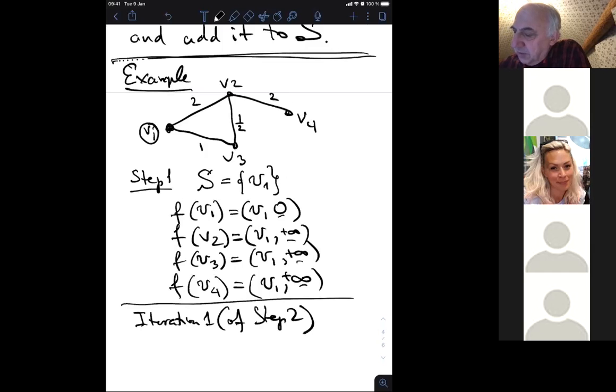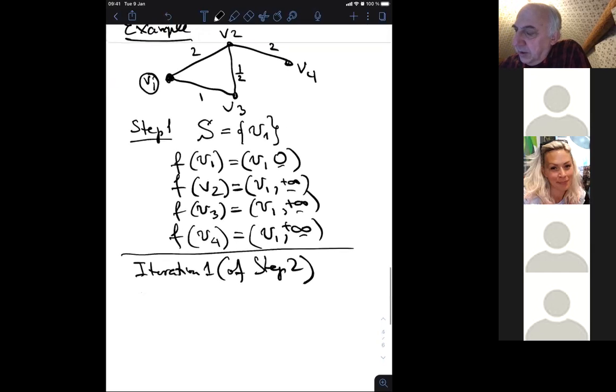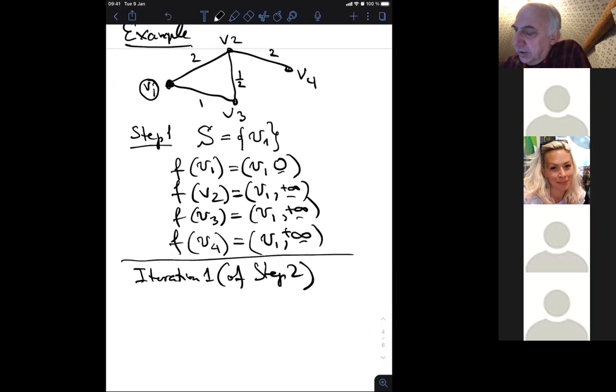I'm substituting my current label by, at the second position, putting the length of the path instead of infinity.